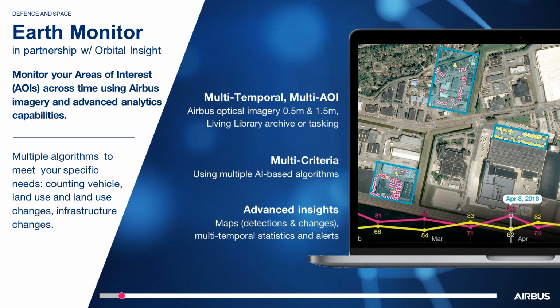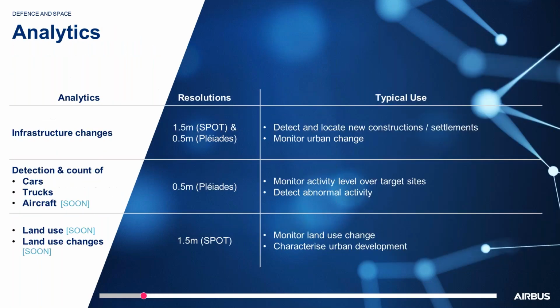So we just saw a short introduction of Earth Monitor. Now we will see the analytics included in this solution. In fact, we propose several things. The first thing is infrastructure changes based on SPOT images, so 1.5 meter resolution, and Pleiades images based on 50 centimeters resolution.